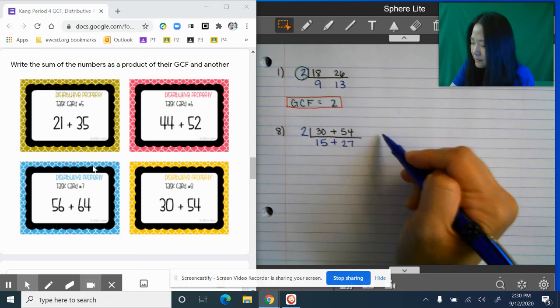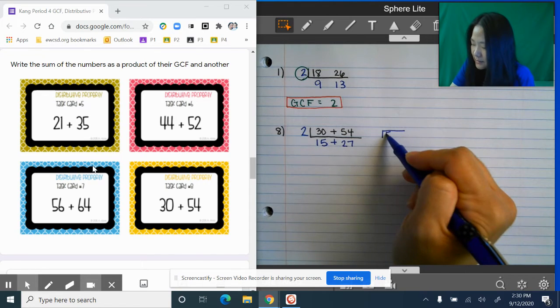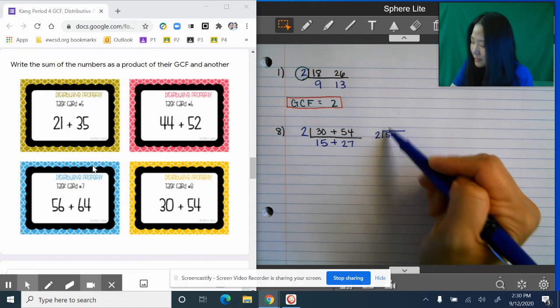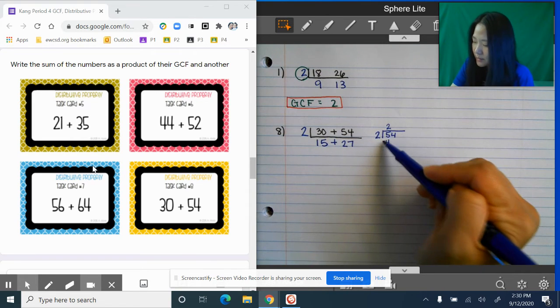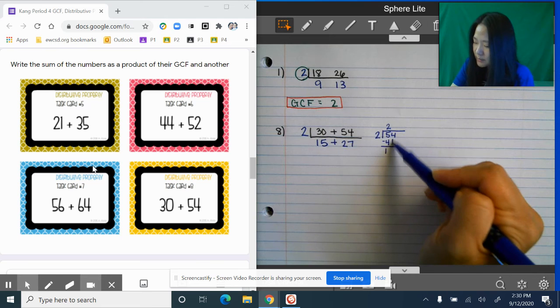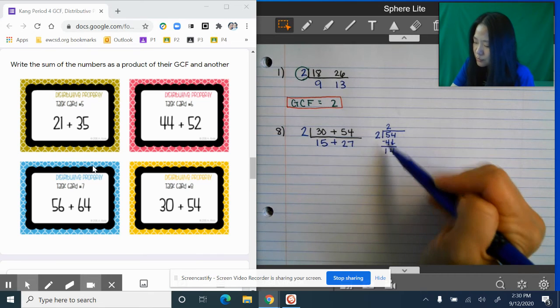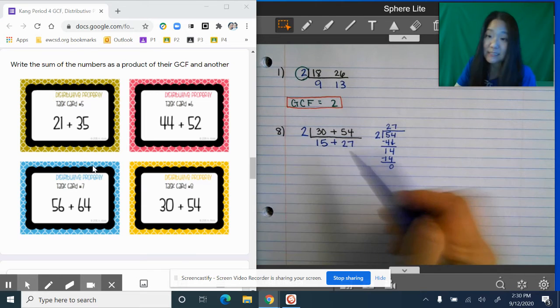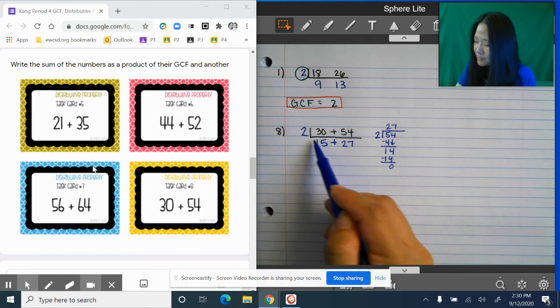I know a lot of you may not be able to get that in your head. If you do your division, 2 goes into 5 2 times, which is 4. Subtract, you get a 1. Bring down the 4. And 2 goes into 14 7 times. So 27. 15 and 27.